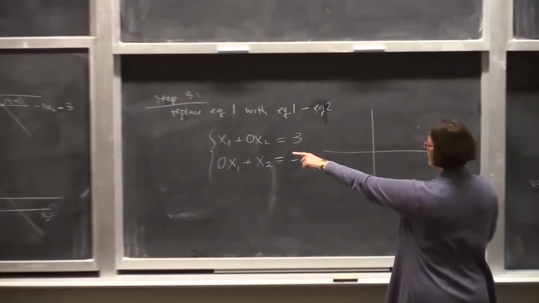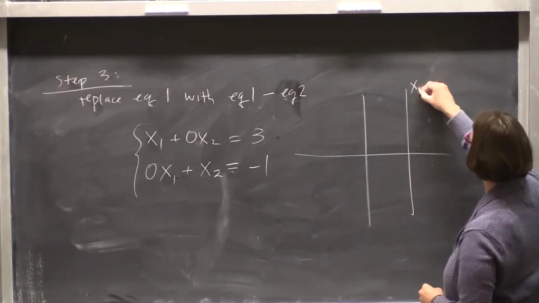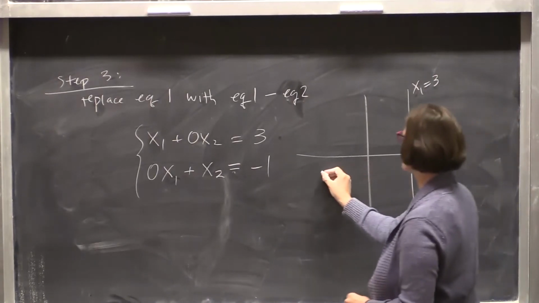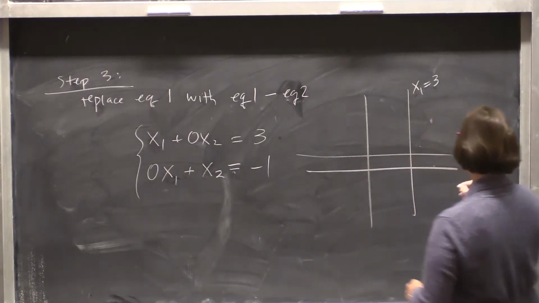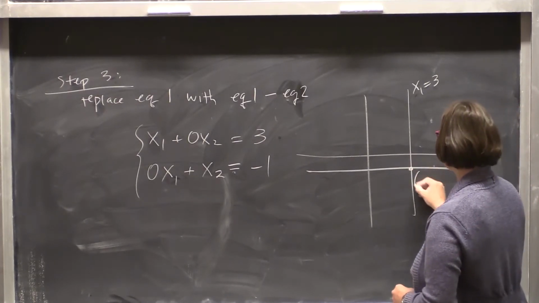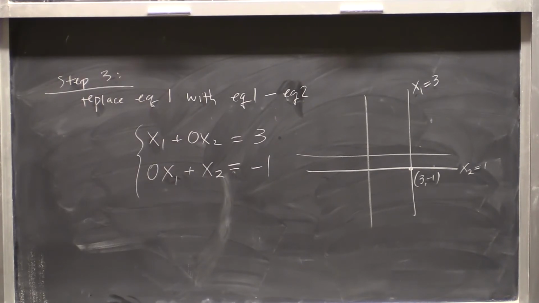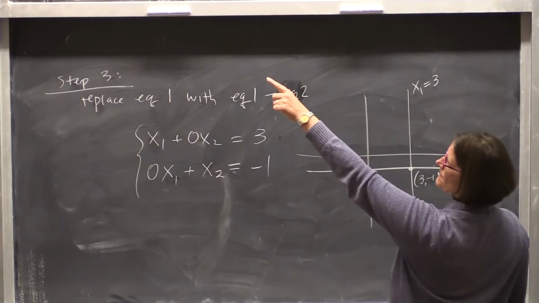Now, I plot all points that satisfy the first equation. That is x1 equals 3. I plot all points that satisfy the second equation. That is x2 equals minus 1. And here is the point 3, minus 1. OK, so what was the point? I started with a system.